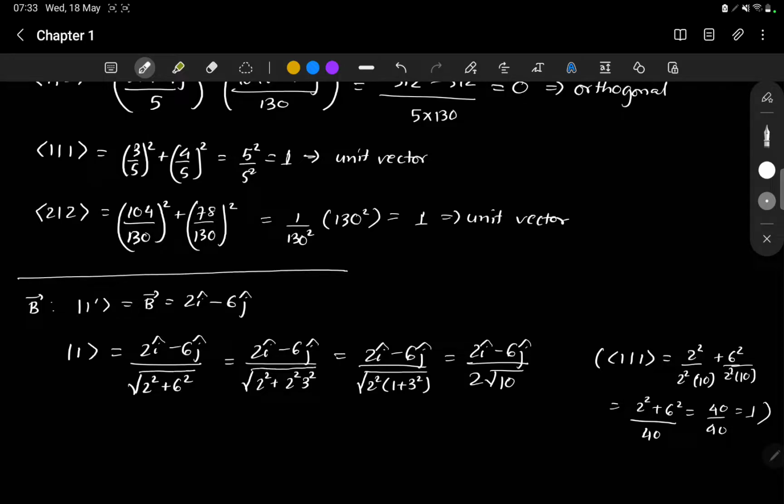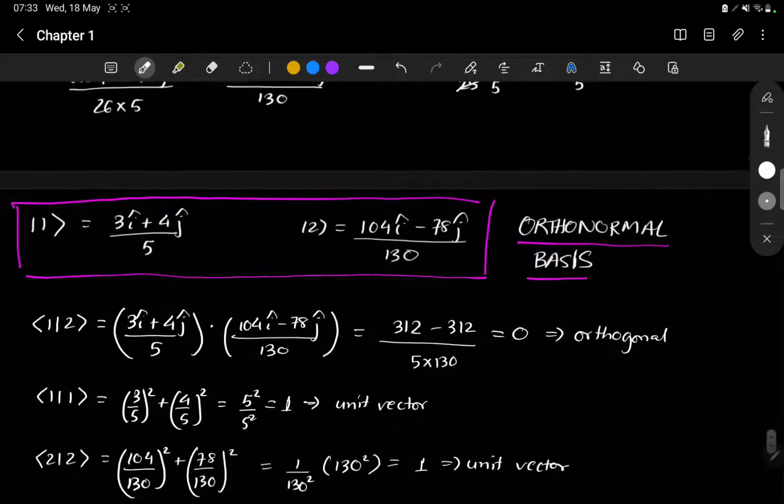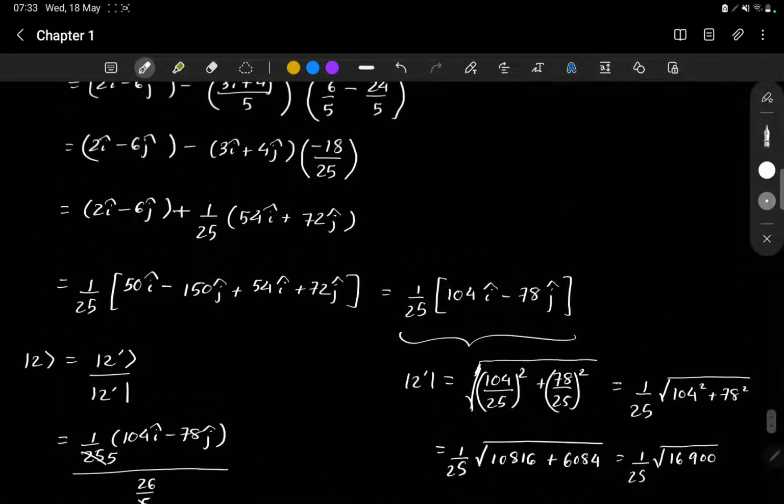Next, we are going to take the second vector, which is A now.